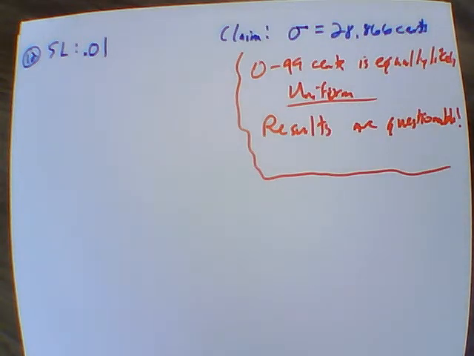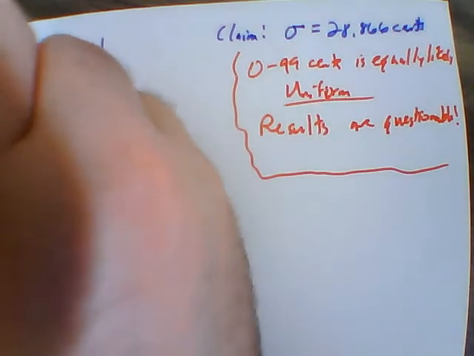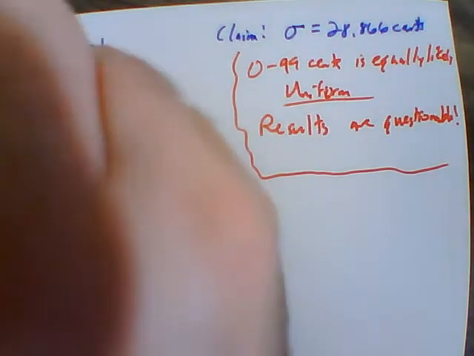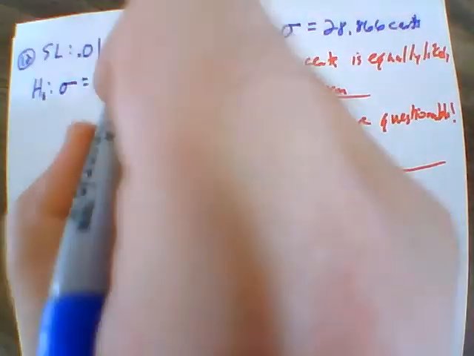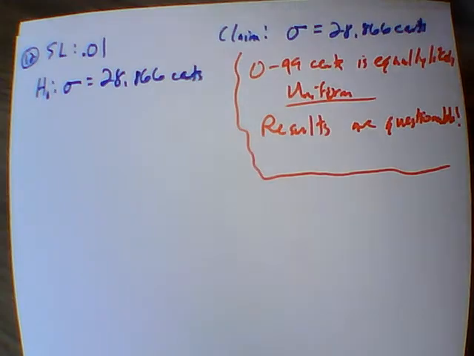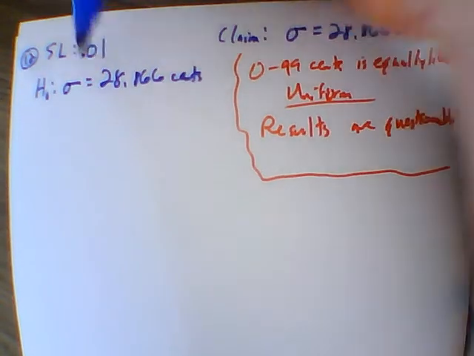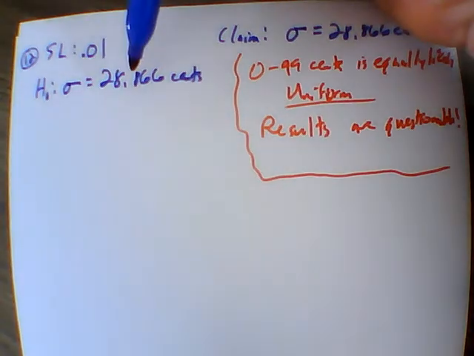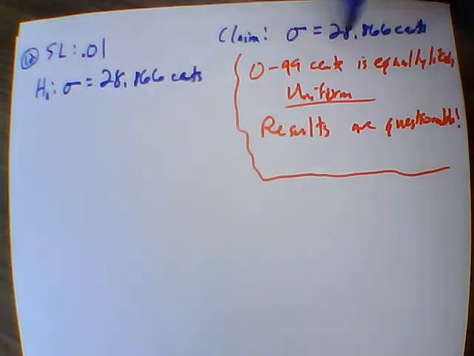So if we consider what's going on, we're going to state our null hypothesis. Our null hypothesis, once again, is the equality: 28.866 cents. So our claim is our null hypothesis. So do realize that in our statement afterwards, we will not be supporting this claim. We'll either be rejecting it or not rejecting it, okay?